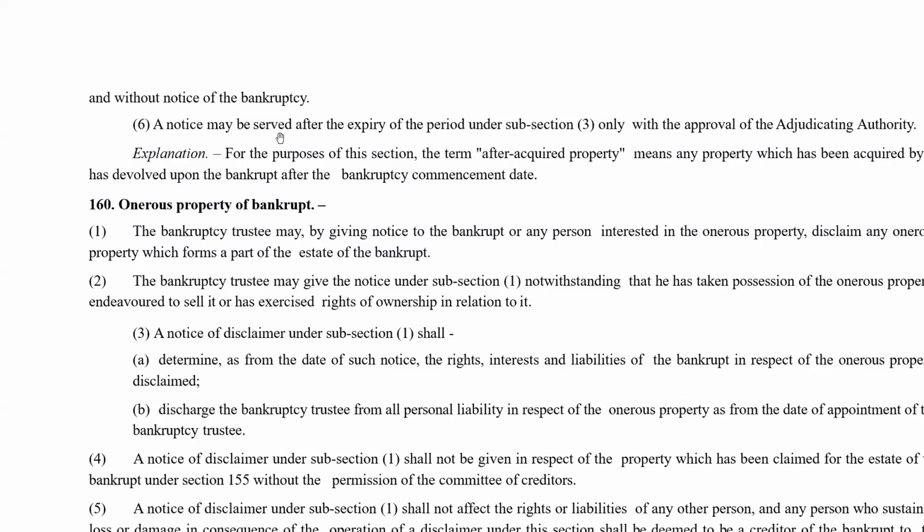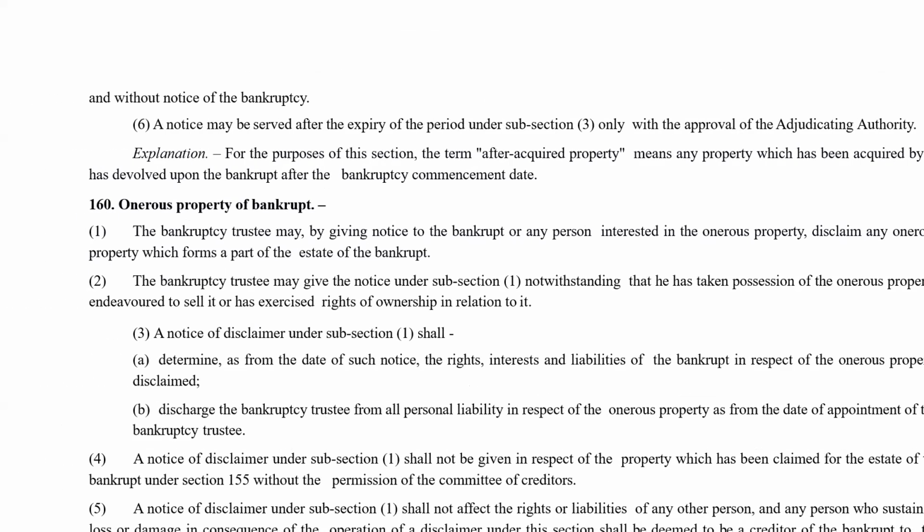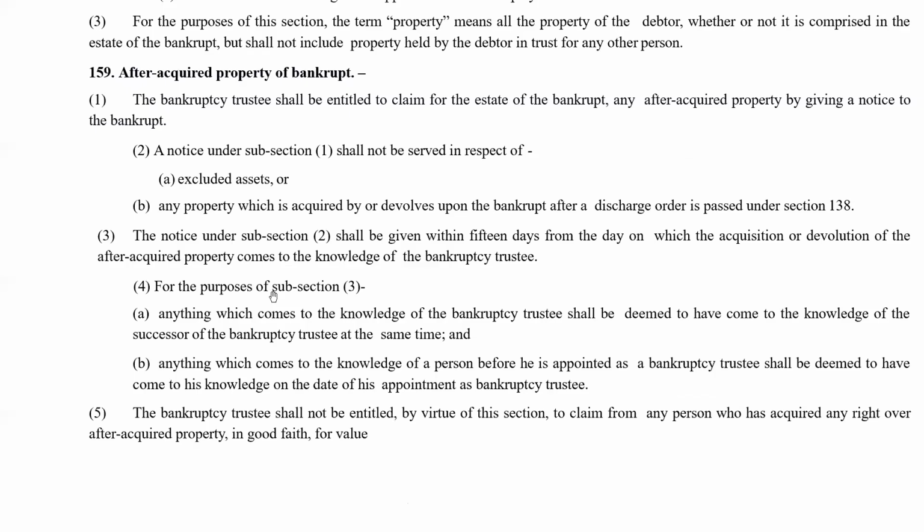It says the meaning of after acquired property is any property which has been acquired or has devolved upon a bankrupt after the bankruptcy commencement date. Like in our case study, we saw the example that his father died and certain property devolved upon him. So this is talking of that scenario. After acquired property may be acquired, it may devolve. So in both cases, it will be covered under after acquired property.